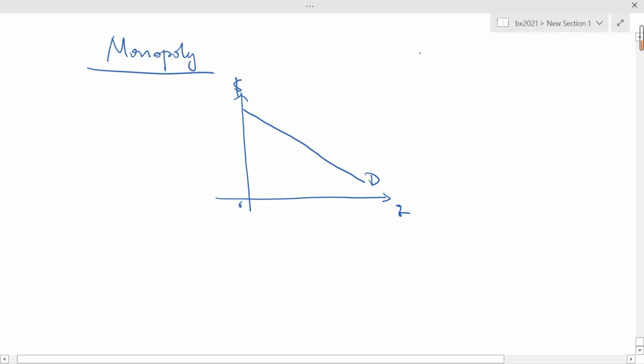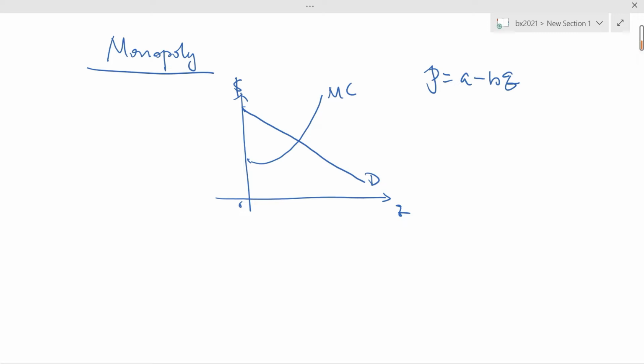So the inverse demand is P is equal to A minus BQ. Then I have a marginal cost curve like this. Okay, so how many units of output?